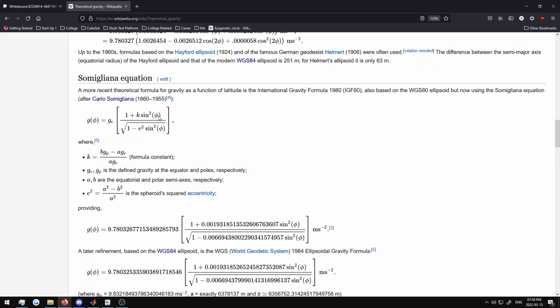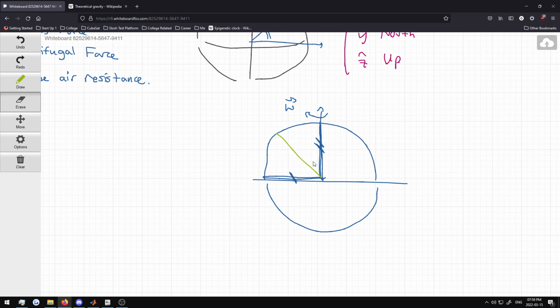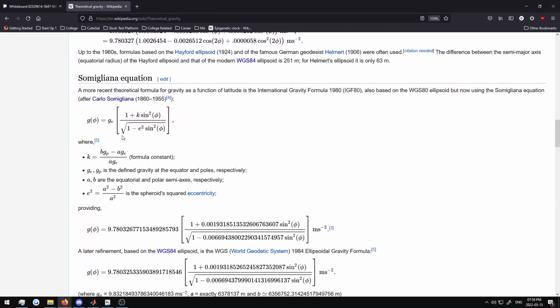Obviously, we can see here that when phi is 0, this entire term will be 1 over 1, and so we have the gravity at the equator. So I guess the more accurate picture here is that it measures this angle. And there's a bit of symmetry here, so it's the same thing going up and down. This is the equation that we're going to be implementing.